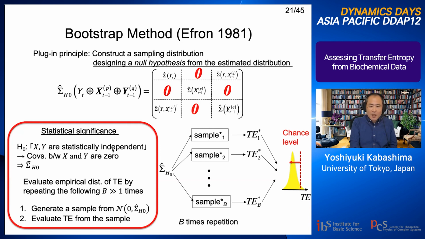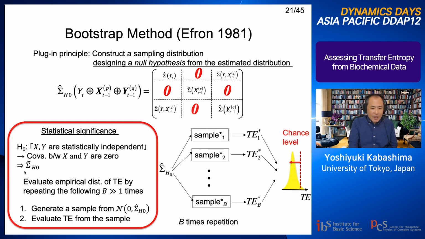In terms of the covariance matrix, this is represented by setting the cross covariance components between X and Y to 0.